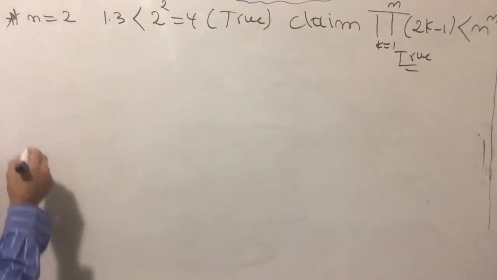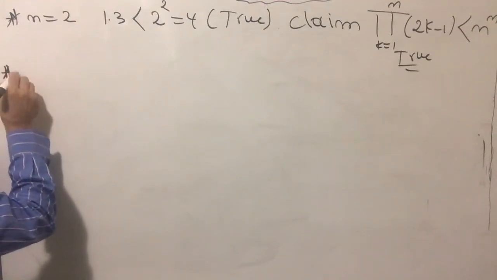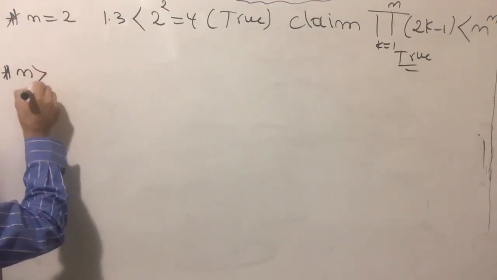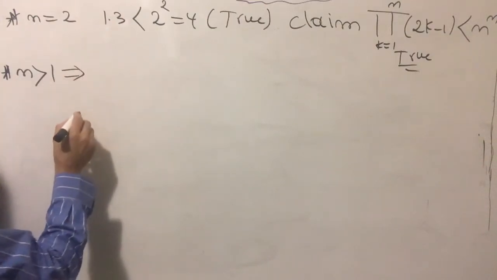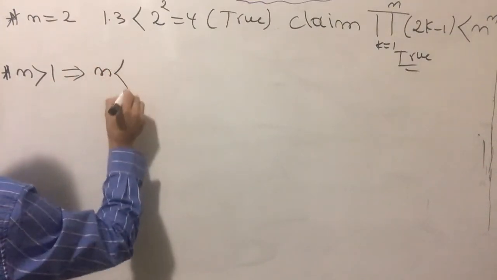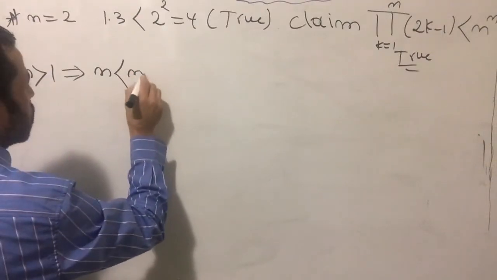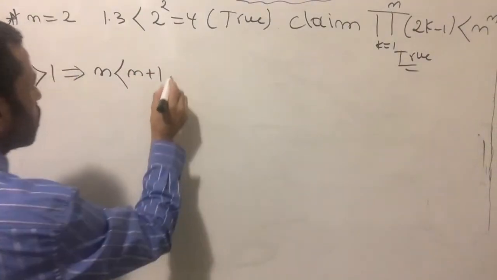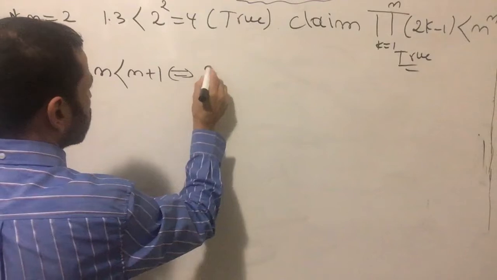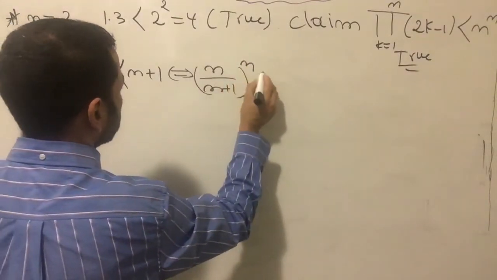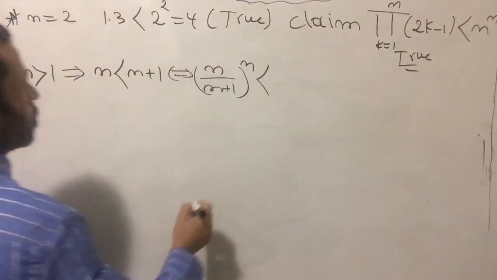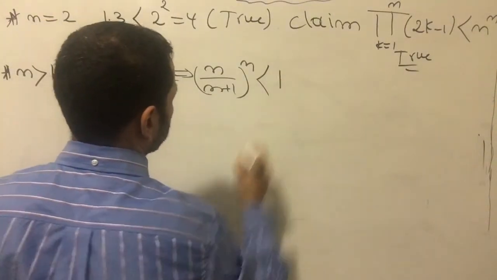As you know, for all integers n strictly greater than 1, n is strictly less than n plus 1. So this is equivalent to n over n plus 1, to the n, being strictly less than 1.